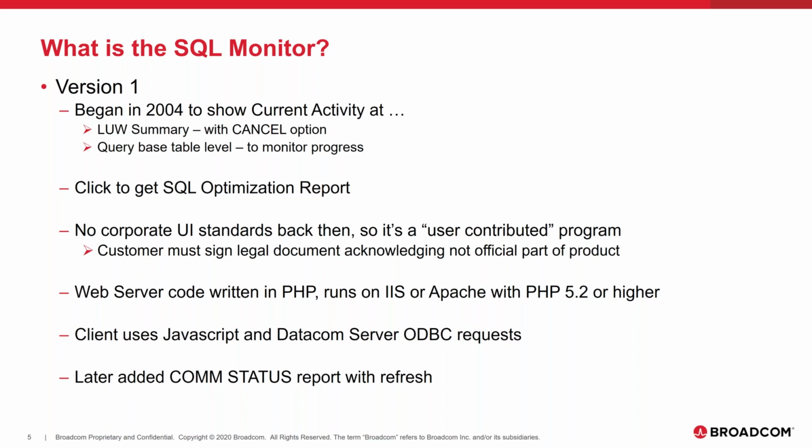You can get information at the detail level about the queries that are running to monitor its progress. You can see which tables are reading the most rows. Is it getting close to finished, or is it going to run a long time? We can cancel it. And before you cancel it, you can click and get the SQL optimization report. So you can send that to us, and we can work on finding out what's going on and make it better.